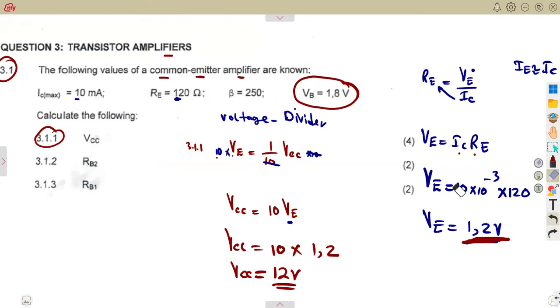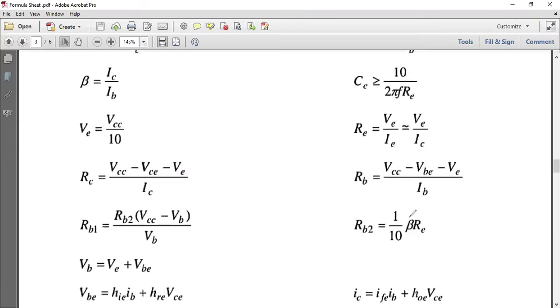Let's consider 3.12. On 3.12, you are now given to calculate RB2. And from our calculations, RB2 can be calculated. We saw that RB2 is 1/10 beta RE. So we're just going to substitute. Okay, everything is there.